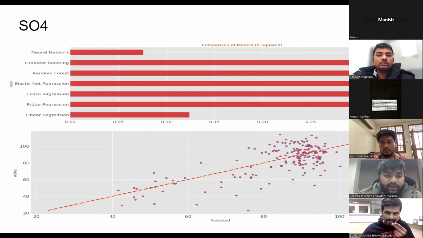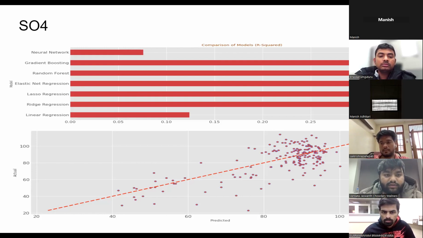In this graph, the R2 score is shown for the SO4. Here the lasso regression shows an R2 score more accurate than all other models, but the gradient boosting also shows the same as the lasso.